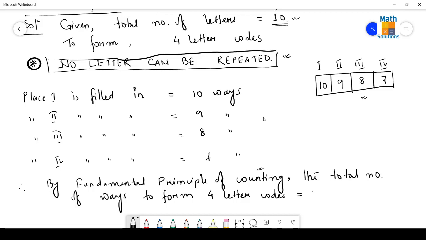So I can write here 10 into 9 into 8 into 7, and the result we get as 56. 56 multiplied by 9, it will be 504, then 5040. 5040 ways. So this is the answer for this question.